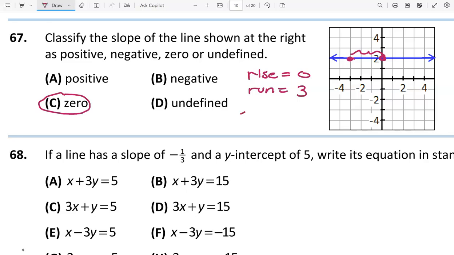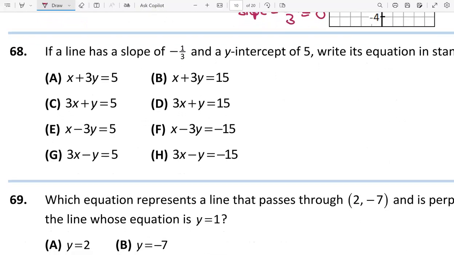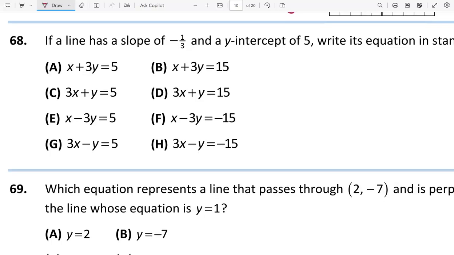And so that makes the slope the rise divided by the run, and 0 divided by 3 is equal to 0.